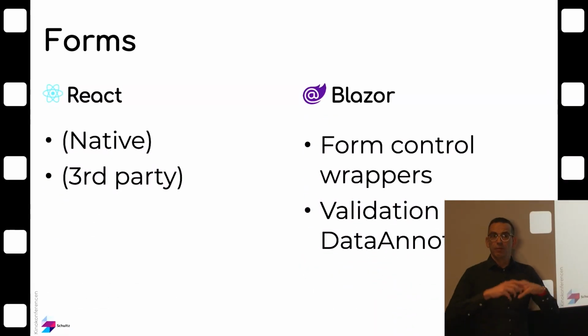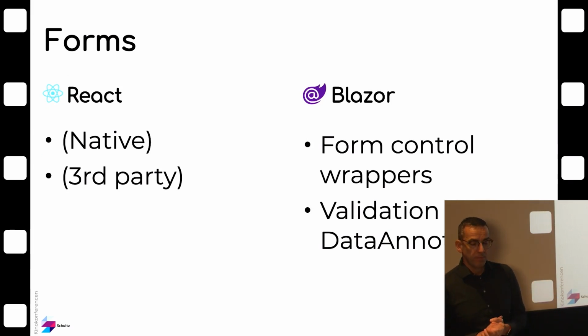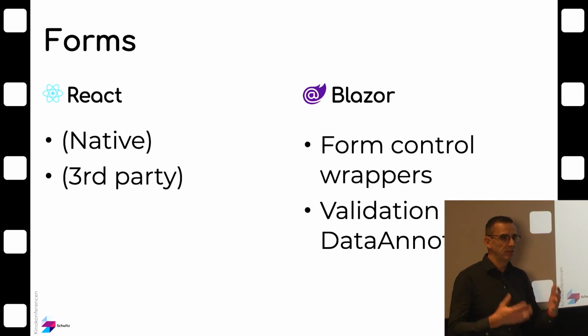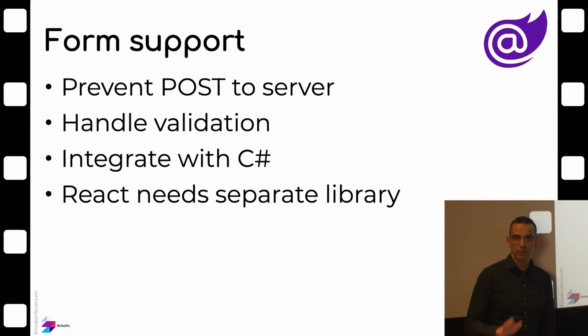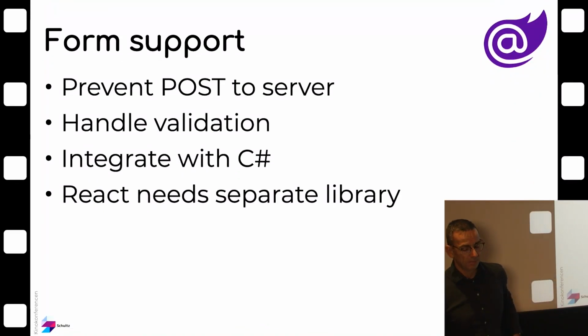Blazor has a functionality for this. So you don't use the form, but you use a special form control. And you don't use the input, but you use special input controls. On top of that, it allows you to do validation based on a model with data annotations. If you're used to ASP.NET, that might be something similar.